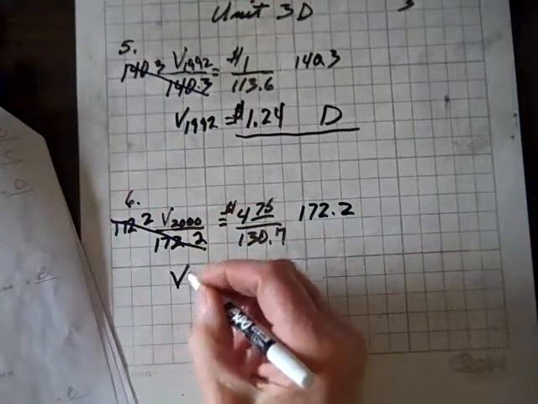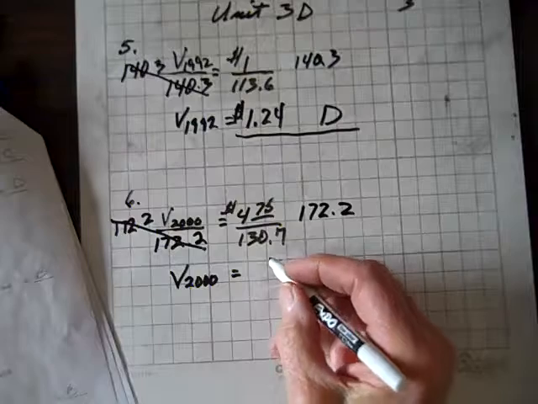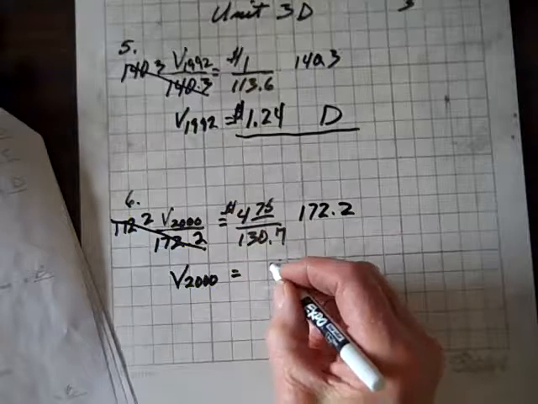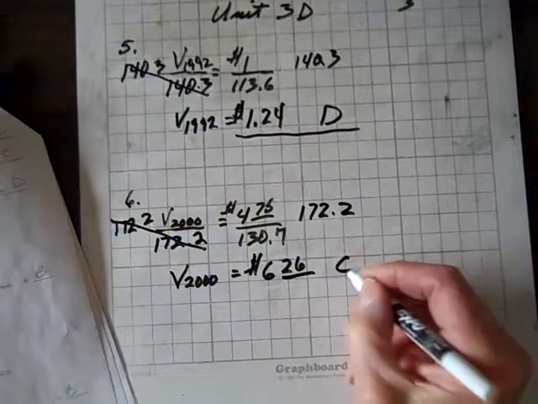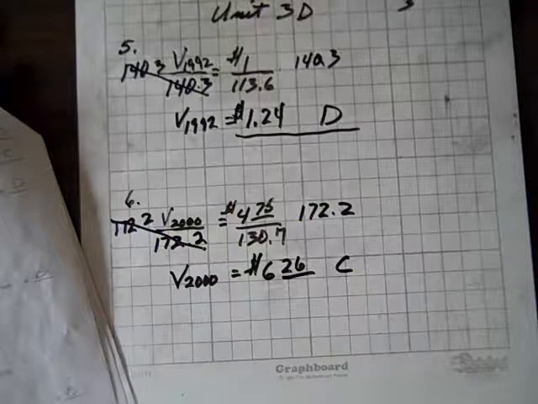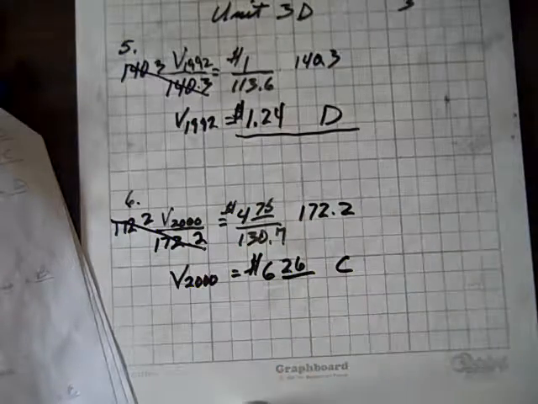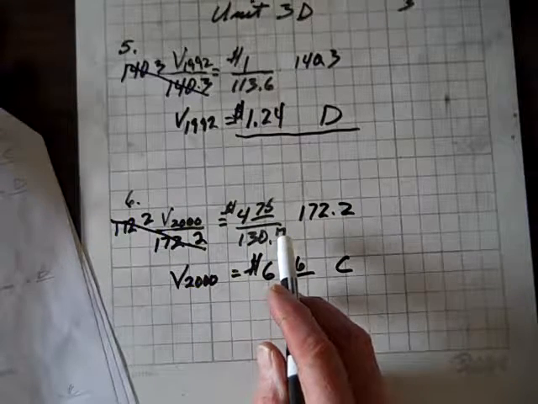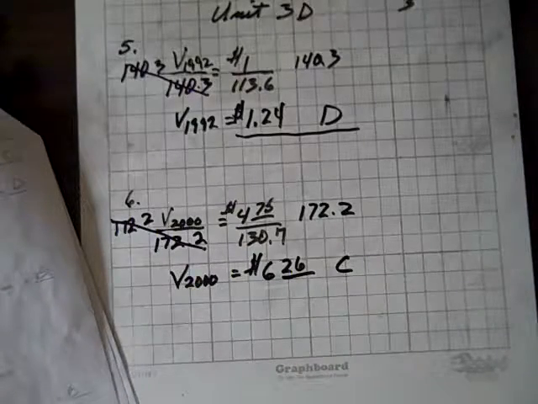These divide out, so the value in 2000 is going to be the product of these, and what we get is $6.26, and that's selection C. So we converted the minimum wage of $4.75 in 1990 to 2000 dollars, and that would have been $6.26. And we're done.